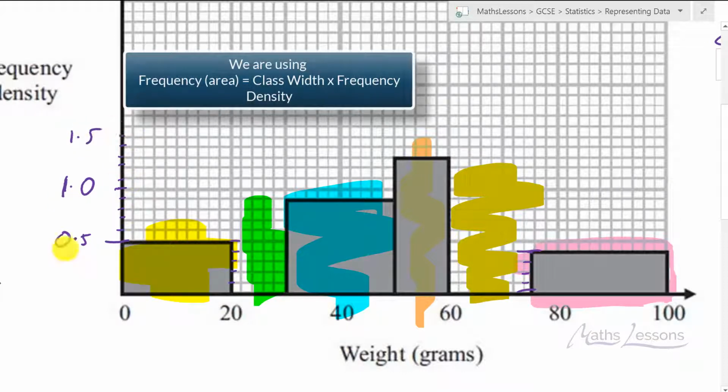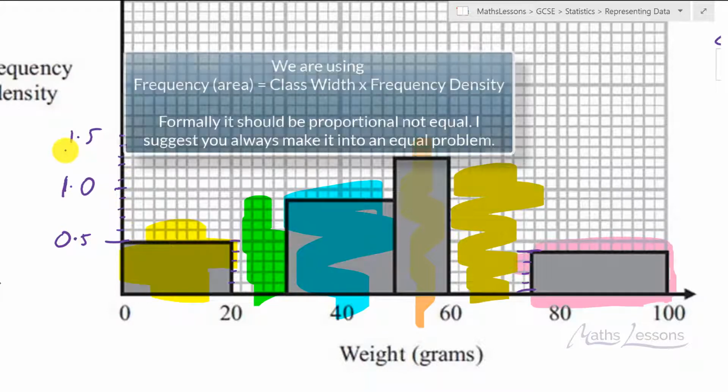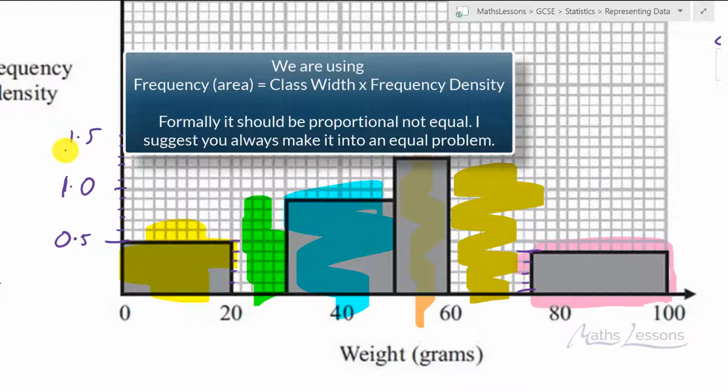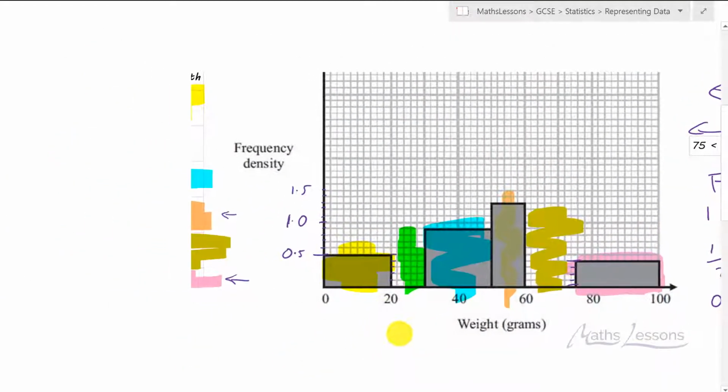Sometimes they might have these all doubled, because actually the frequency only has to be proportional to area, not equal to area. I suggest in those cases you change the scale using the method I just showed and write your own scale in so that the frequency equals the area and everything else becomes much easier to do from there.